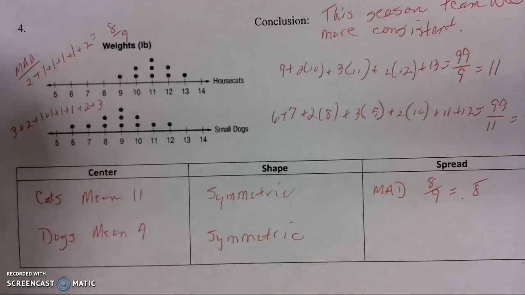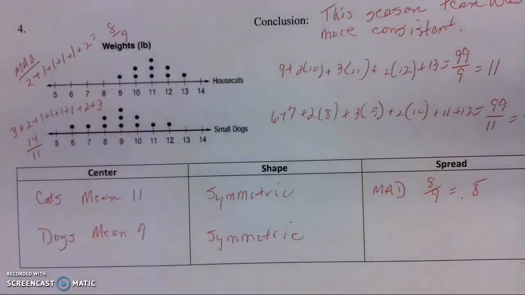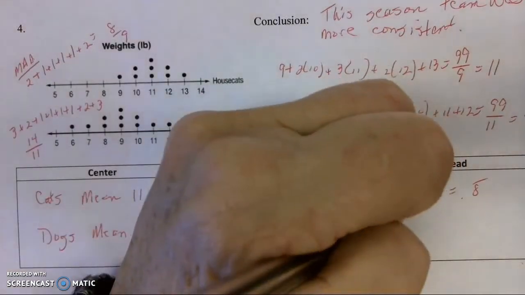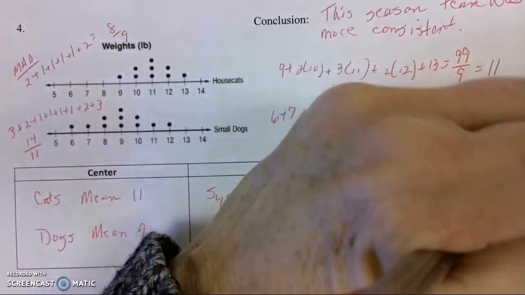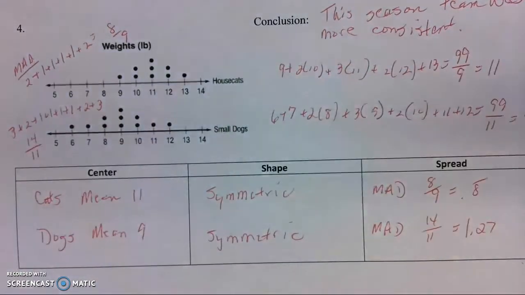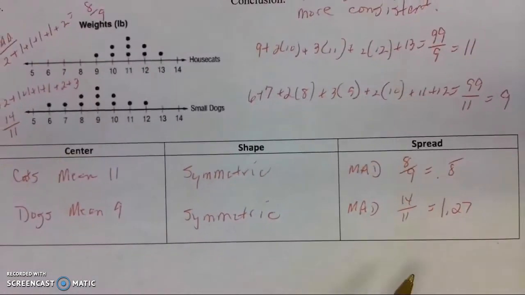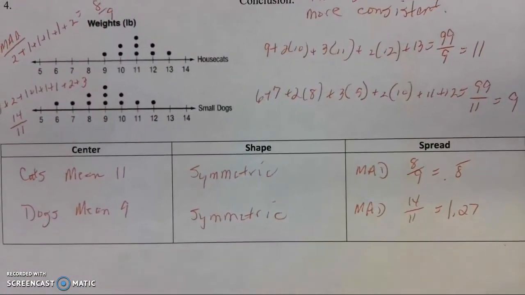When I add those all together, I'm going to get 14, only this time I'm going to divide 14 by 11. And when I divide 14 by 11, I'm going to get 1.27. And again, 1.27 is not a bad MAD. It's a smaller number, which tells me that my data is pretty consistent.